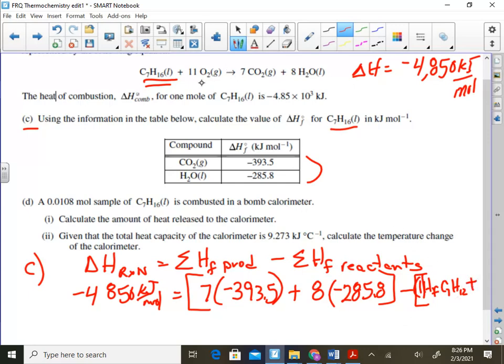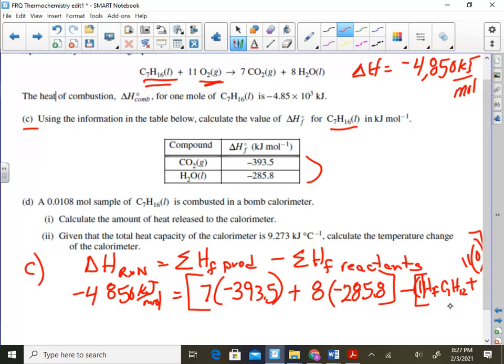The other thing we have are 11 oxygens. And oxygen's not in our table because any element in its standard state, its most common state, is 0. And so here is our entire reaction.